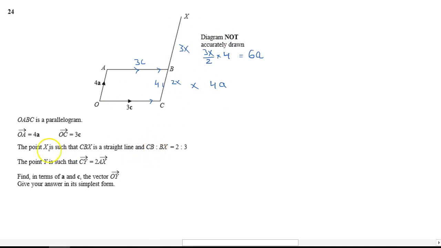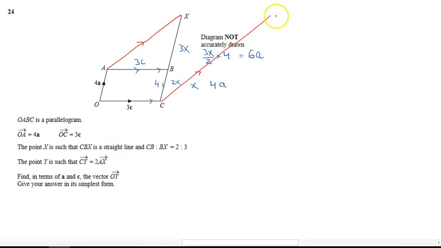CB, X is a point. Okay, we know that it is 2 to 3. Y is a point such that CY is equal to 2AX. Now we have one line AX. Now CY is equal to 2AX. It means these lines are parallel.